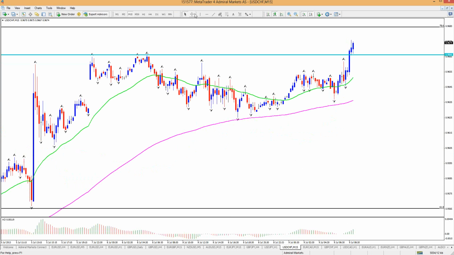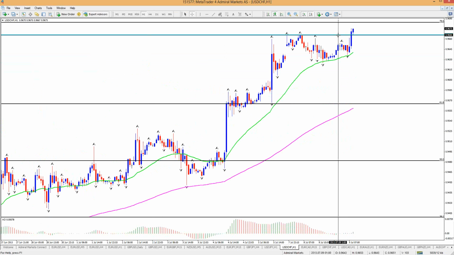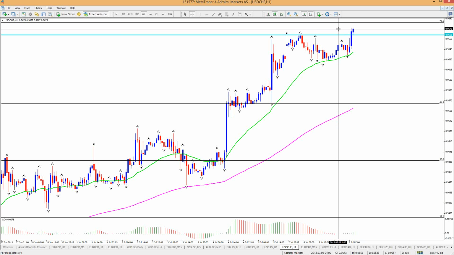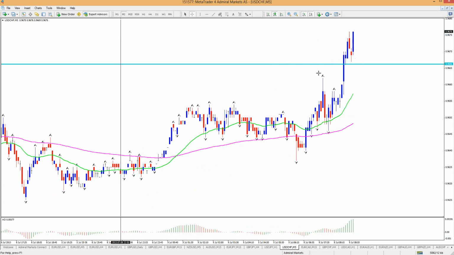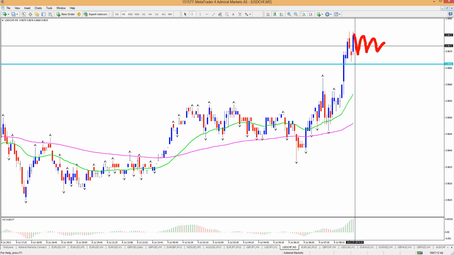But I would rather catch it a bit lower somehow, but it looks good though. 1 hour close above the high. Yeah, the only thing I need now would be a pause like this, and then to take the next break.